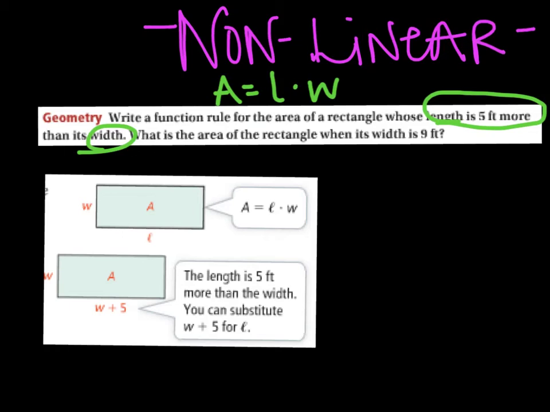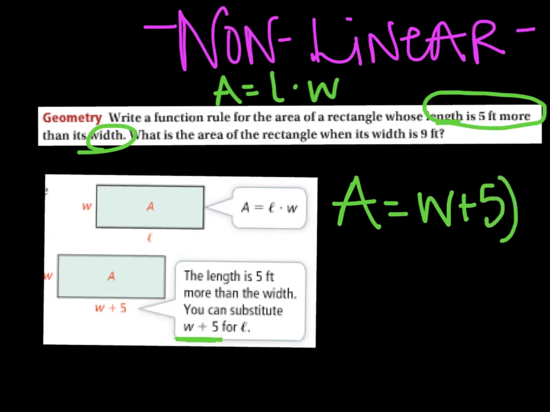And then we can use that to write a function rule, and we know area is length times width, so we're going to use that same one, except because we're substituting in W plus 5 for L, that's what we're going to write. It's going to be W plus 5, and then we're going to multiply that times W. Here's your distributive property coming into play.